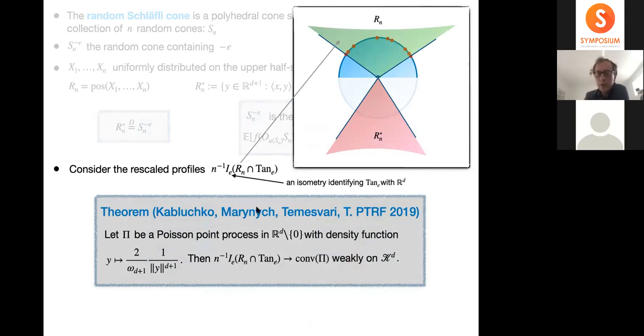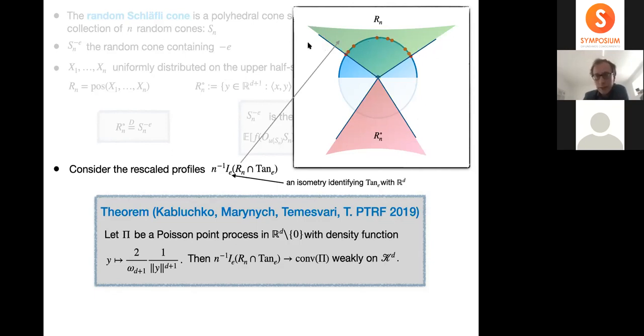And how is the result? The result we can prove about the red cones, these are the polars of these half-sphere cones, is as follows. So you have the lower half-sphere, and here's the south pole. You take the tangent space at the south pole. No, sorry, it's not the red, it's the green one. So you have here the north pole of the sphere.